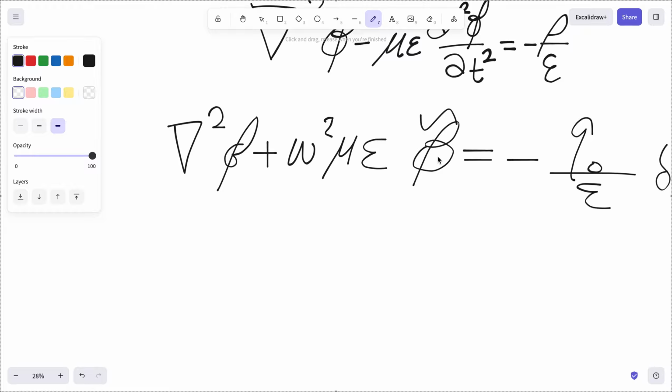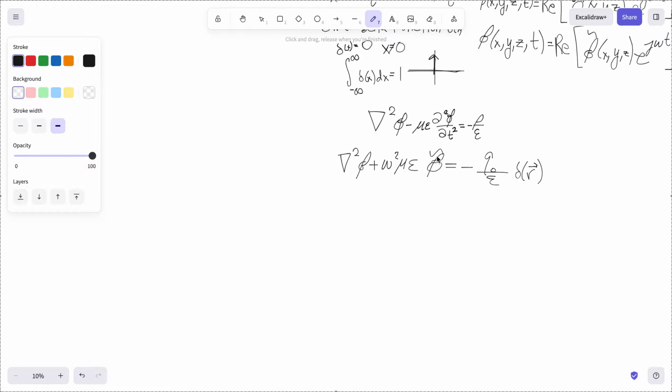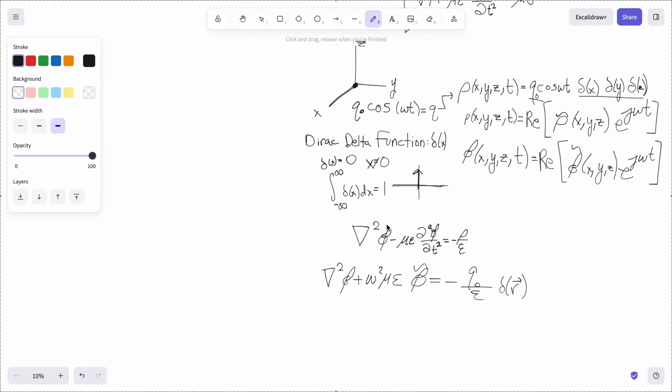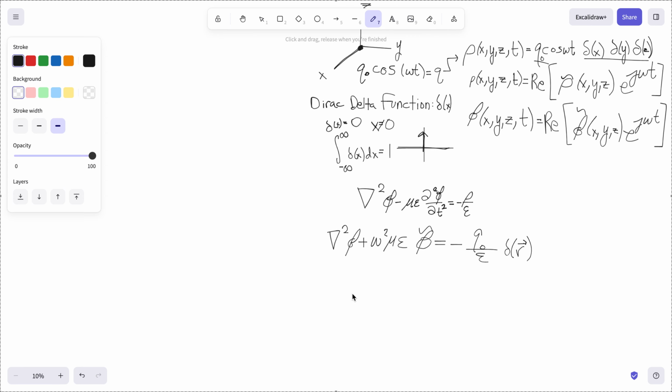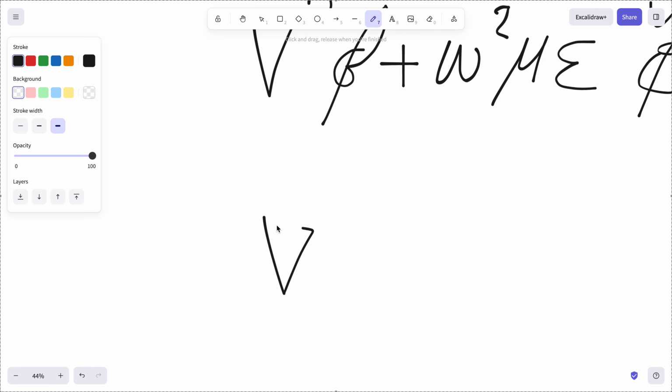Because we're working in spherical coordinates, since this is a point charge, we want to write this Laplacian using the spherical coordinate form.